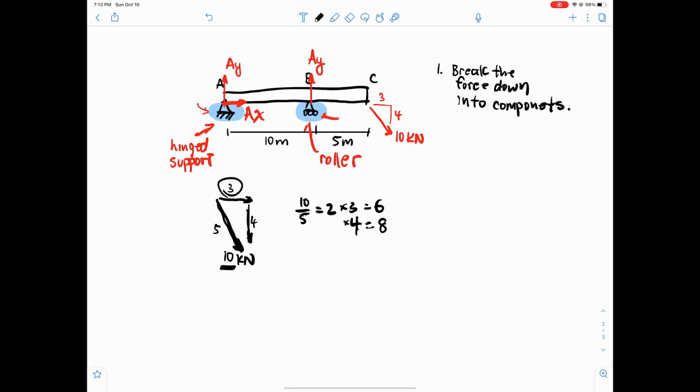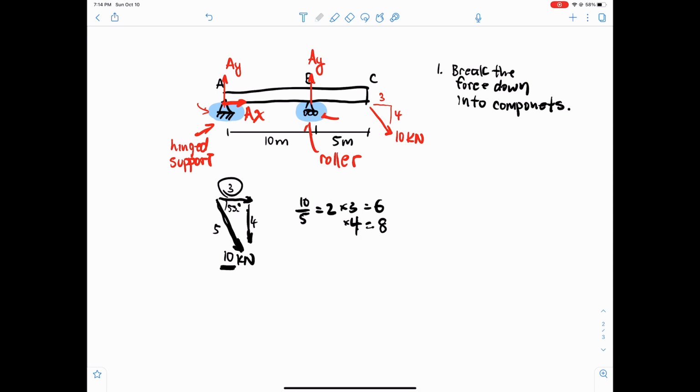If you're confused on how I figured that out, I'll probably go into more detail on how to do this in another video. However, you can always use trigonometry, and I believe this angle would work out to around 53 degrees, if I am not wrong. Yeah, 53 degrees. So you're always free to calculate it that way.